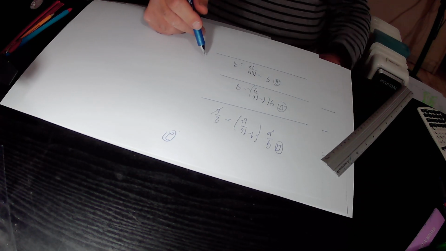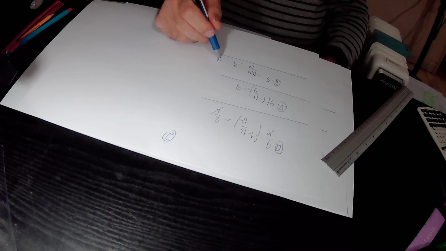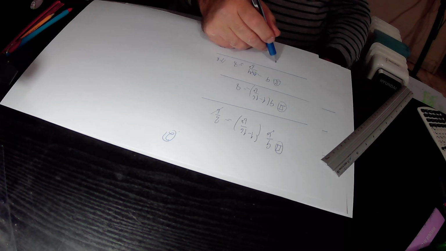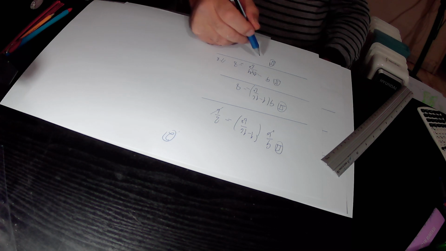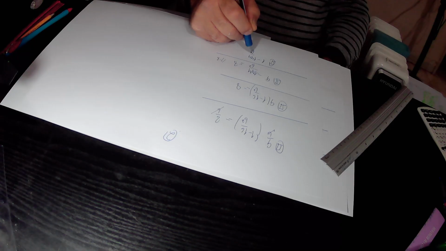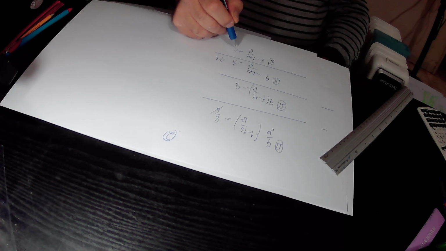Here we subtract 8 from this equation. We get that 9 minus 8 is 1, minus 144 over b squared equals 0.